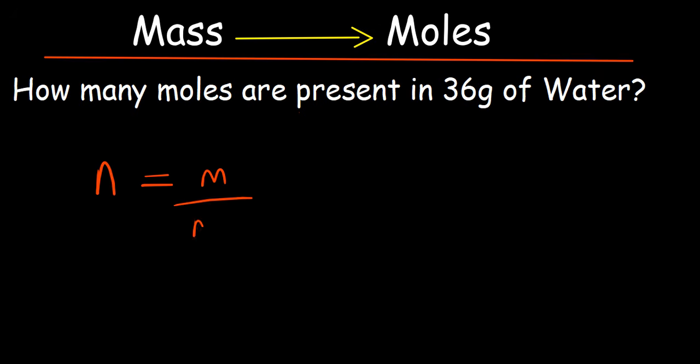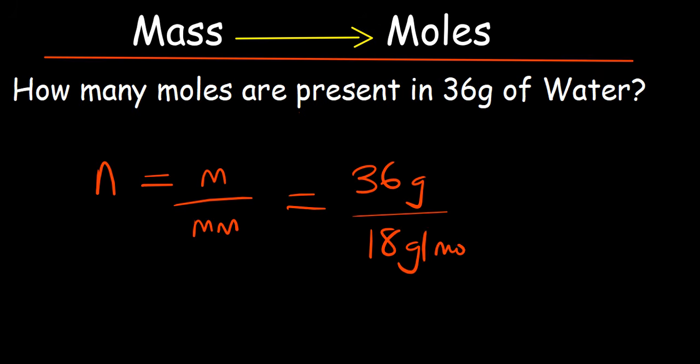We're finding the number of moles. In this case, the mass we've been given is 36 grams divided by the molar mass. The molar mass of water, we've calculated it, it's 18 grams per mole.